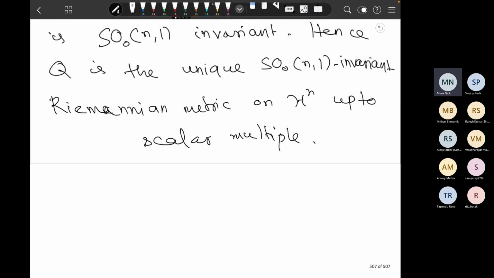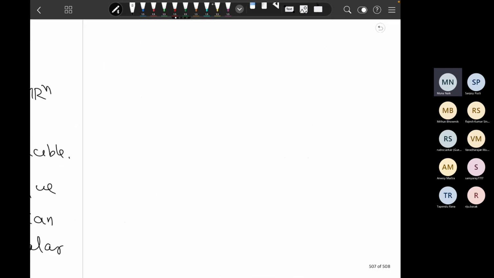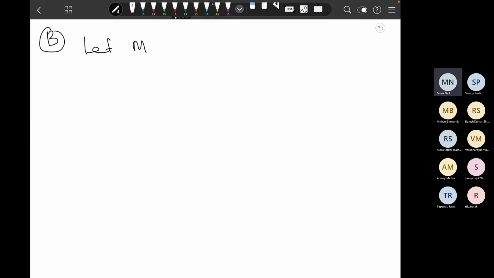Now the thing is, I want to give another example. Let M be equal to S^{n-1}. Here in this case, G is equal to Iso(S^{n-1}), which is really SO(n).